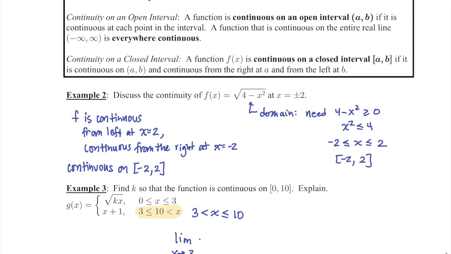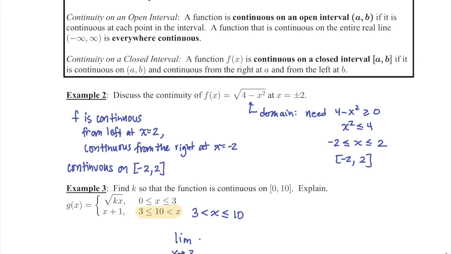Right, so they were asking specifically about what type of continuity we have at the two endpoints of the domain, and then we can conclude that the function is continuous on this closed interval from negative 2 to 2.